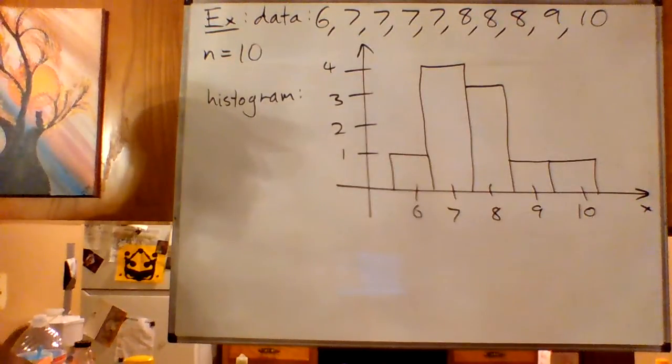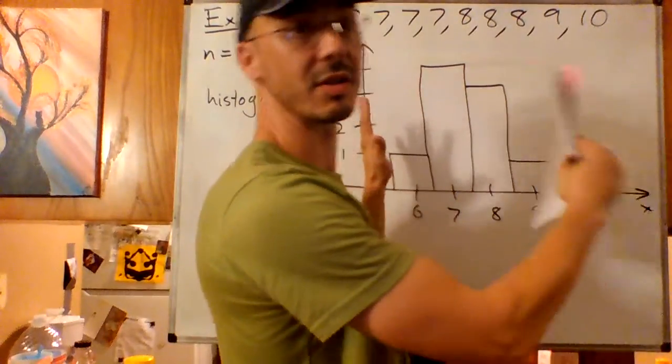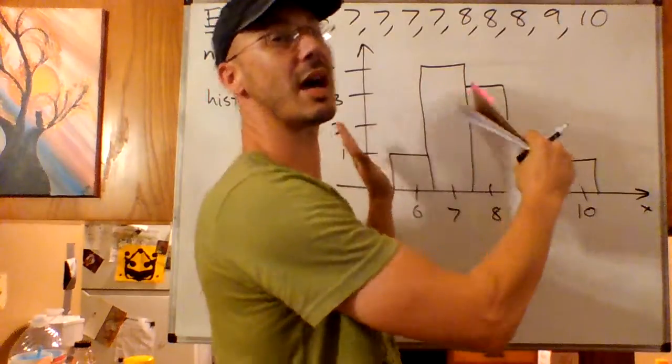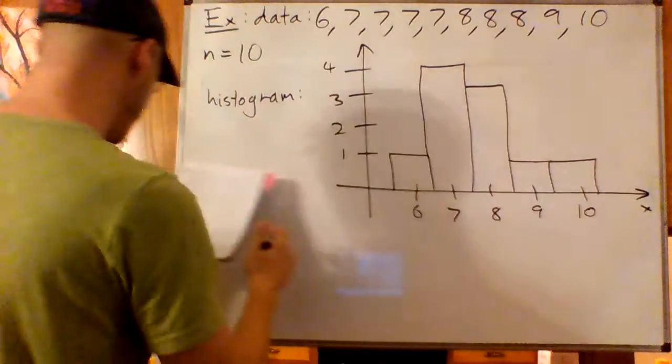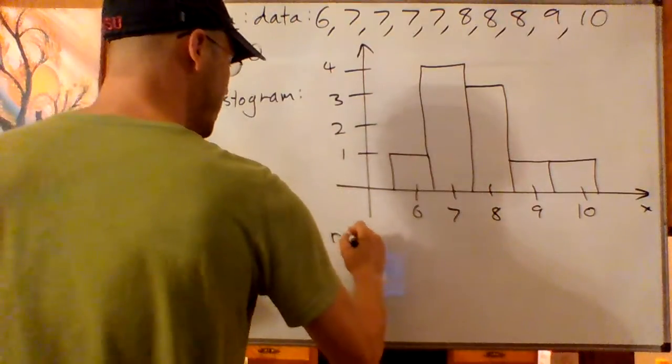to make the histogram. Now again, this one looks like it's kind of tipped to where it's leaning to the left. This is called skewed right.